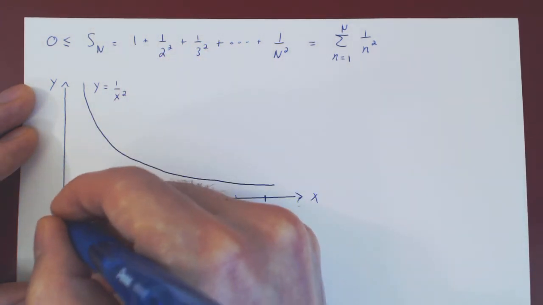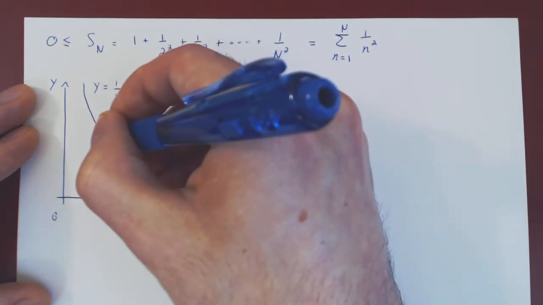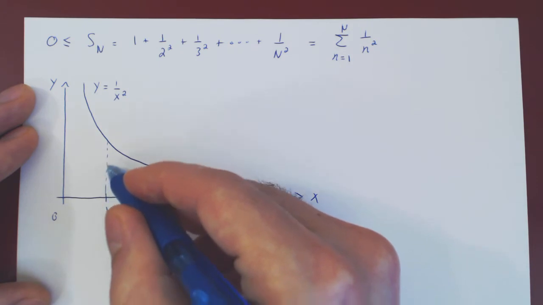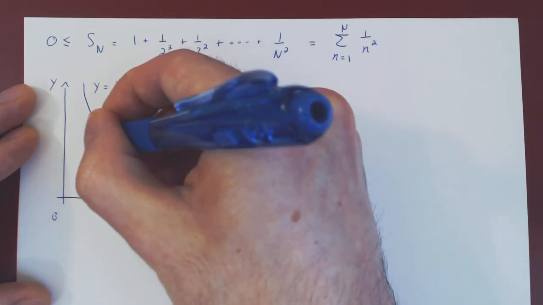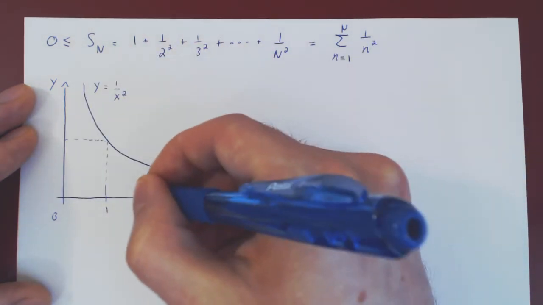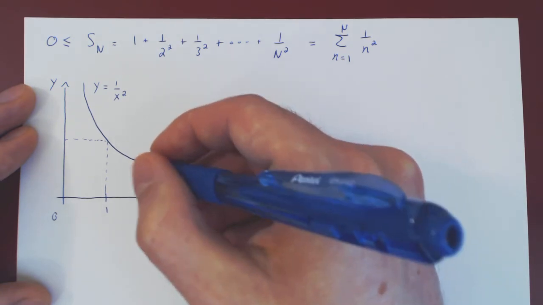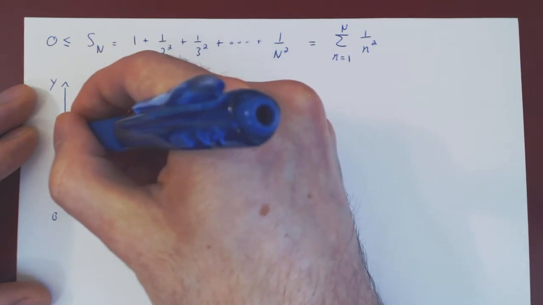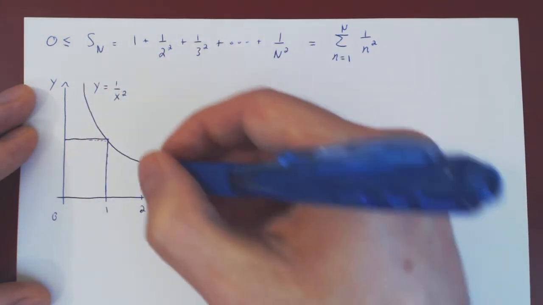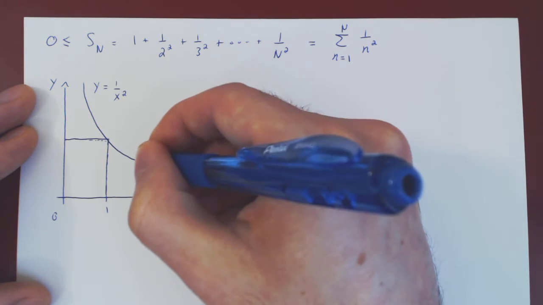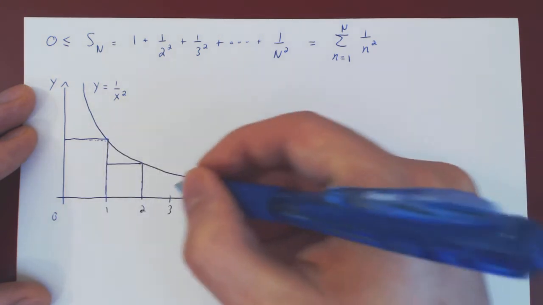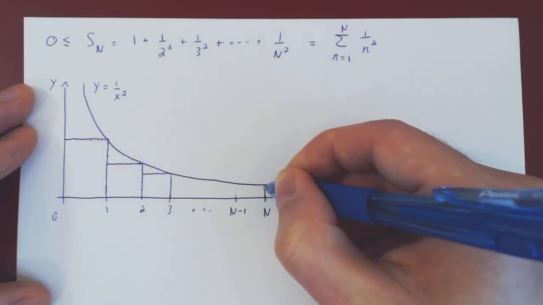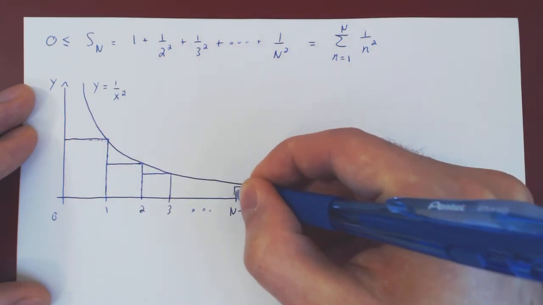So I will take from the interval from 0 to 1 the height at the right-hand point to give me the height of my rectangle. And I will do so for every other rectangle. So for each interval, I take the y value at the right-hand point to give me the height of my rectangle, up to the last interval.